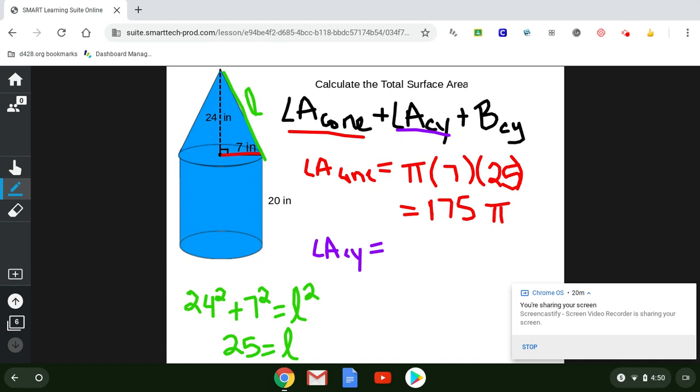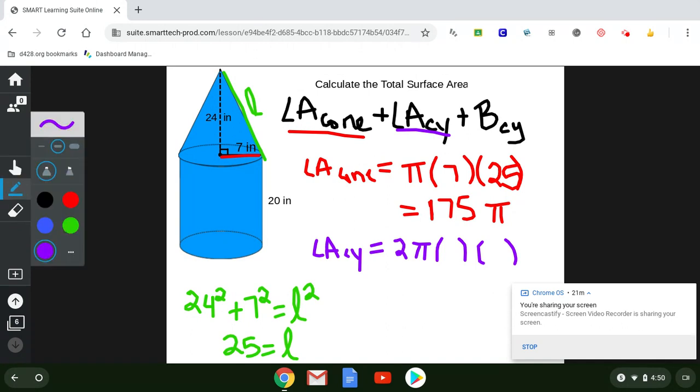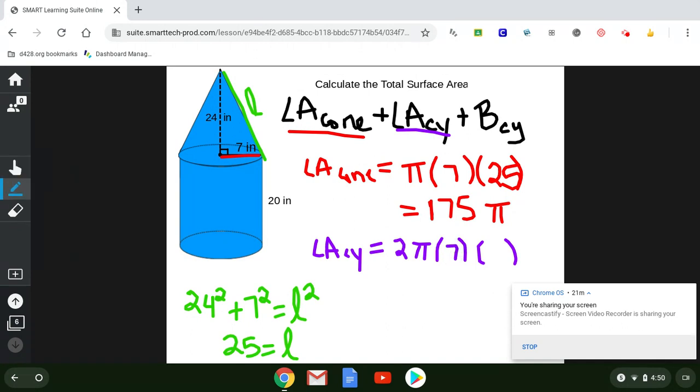Remember that the lateral area of a cylinder is 2 pi r times the height. The radius is still the same for the cylinder and the cone, because they share the circle. So my radius is still 7, and the height of the cylinder is 20. So the lateral area of the cylinder is 280 pi.